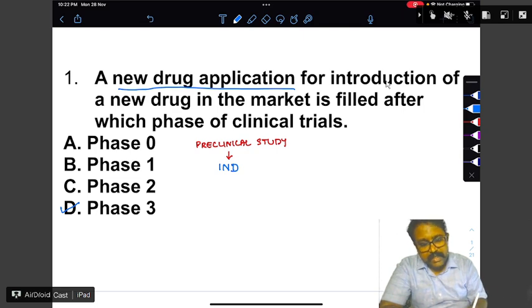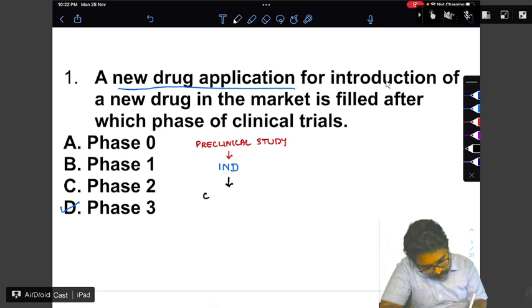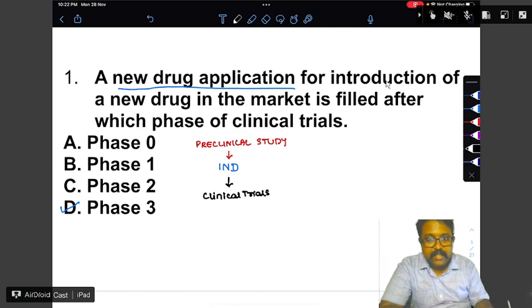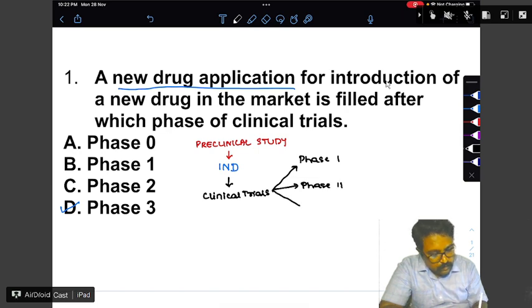IND is for investigational drug. Following that, you'll be taken into clinical trials. There are four phases of clinical trials mainly: phase 1, phase 2, phase 3, and phase 4.